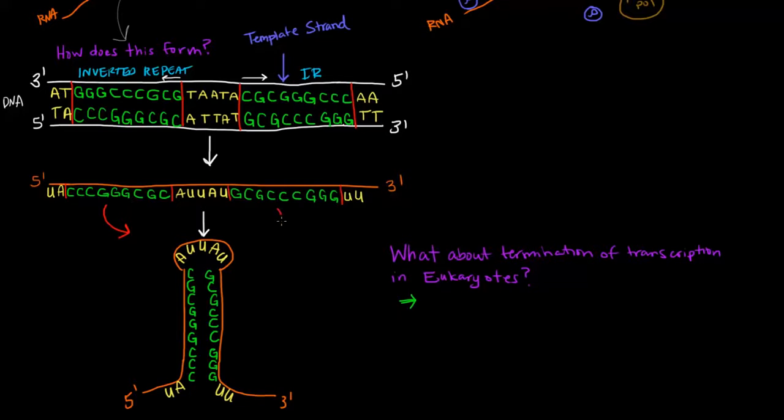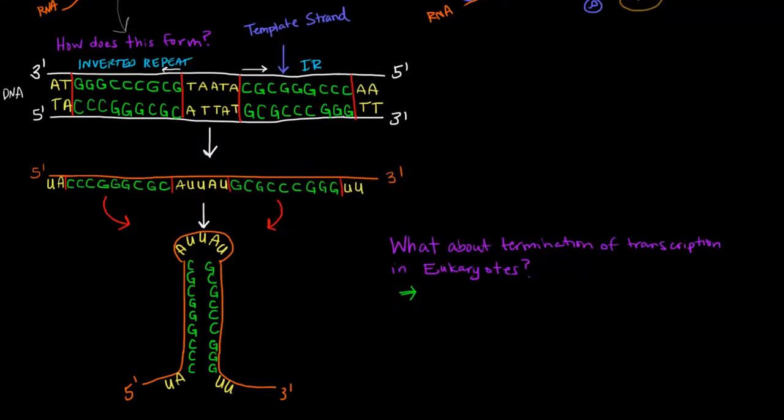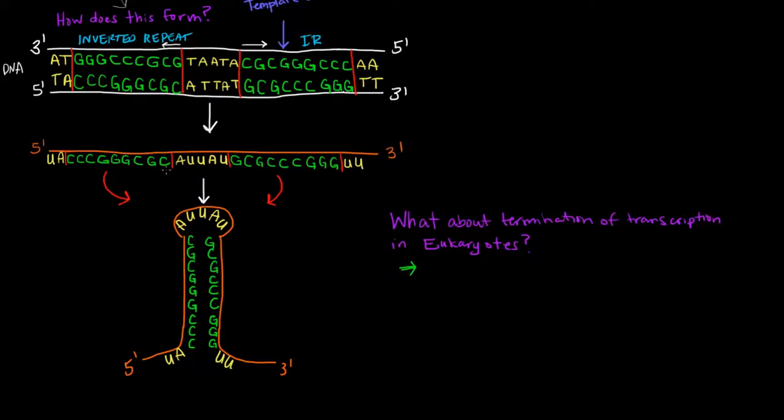This side comes in this way, and this side kind of bends in this way, and then we have the loop formation. And why is that? Well, because now this C, if I can get this C, it's going to hydrogen bond with this G. This G is going to hydrogen bond with this C. And this C will hydrogen bond with this G. And the rest of them are complementary, so they're all going to hydrogen bond. So we're going to have hydrogen bonds here, here, here, here, here, here, here, here, and here. And that's going to hold this hairpin loop together.